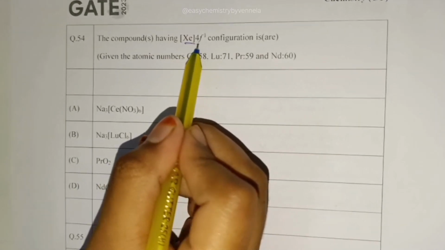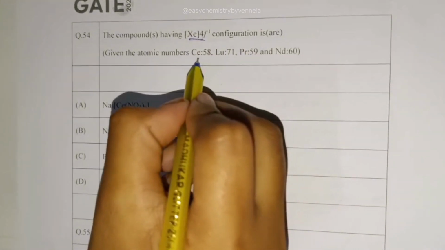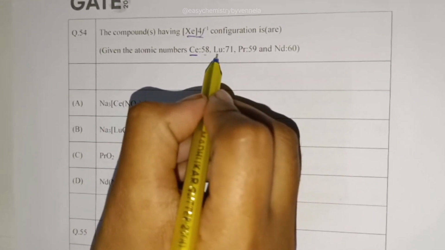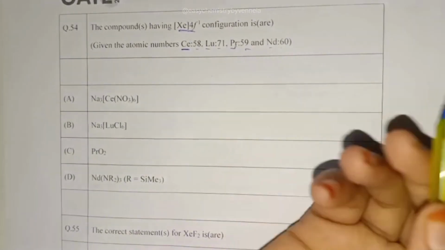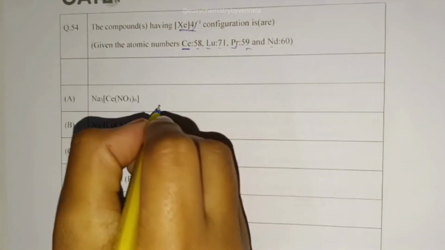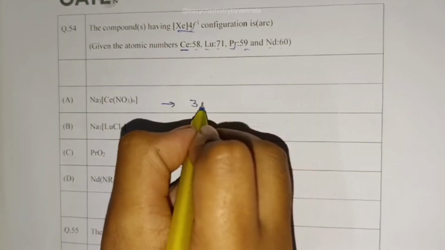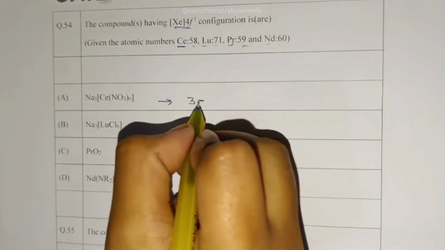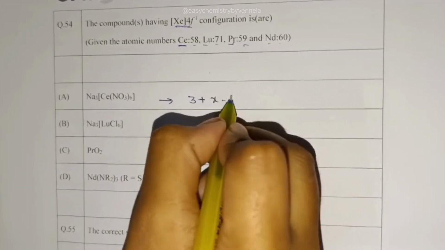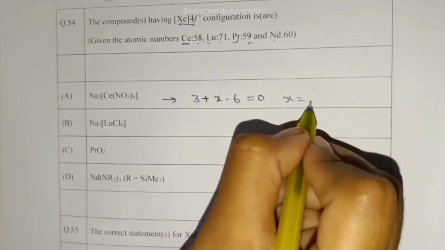So the next question is, the compounds having Xe 4f1 configuration are Ce 58, Lu 71, Pr 59 and Nd 60. So first one, here the oxidation number of cerium is 3 plus x minus 6 is equal to 0.